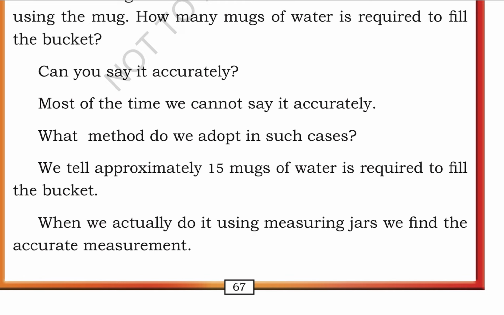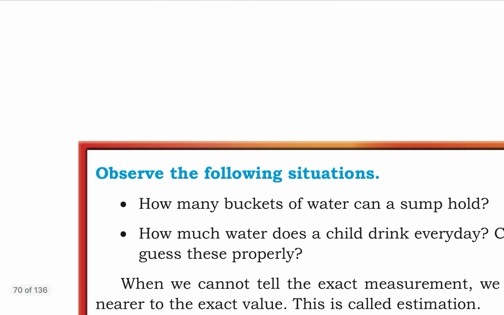Before consuming, you can accurately say it contains 500 ml of water. After consuming some of the water, you cannot say accurately. You can just estimate, maybe 300 ml is present inside, or 350 ml or 400 ml is present inside the bottle. This is what estimating volume is, right? Did you get the point? Okay.